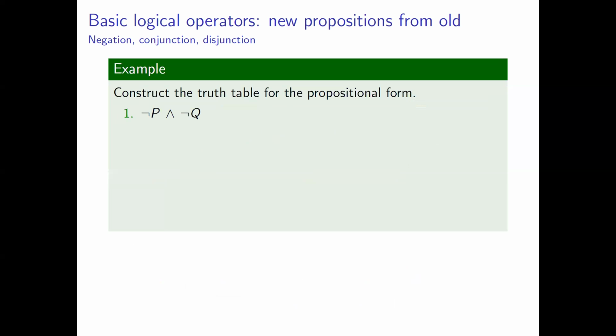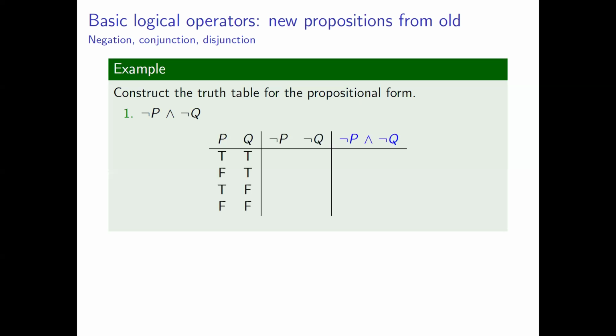First, we have the conjunction not P and not Q. Since there are two variables in this propositional form, the truth table has 4 rows, corresponding to the 4 possible combinations of truth values of P and Q. For clarity, we include 2 columns for the truth values of not P and not Q. The truth values of not P and of not Q are the opposite of the corresponding truth values of P and of Q, respectively.